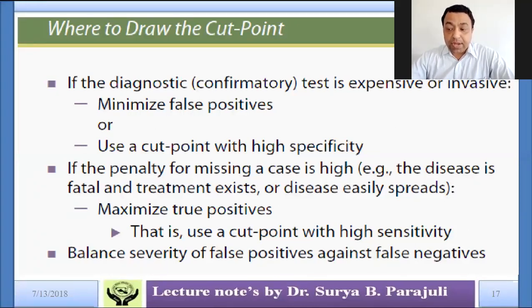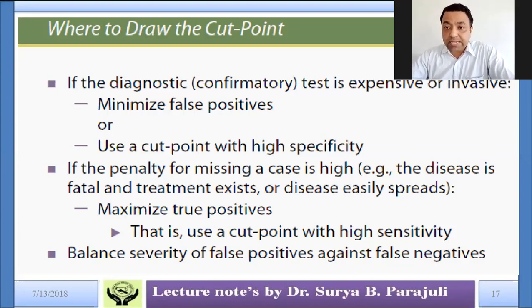At least try to reflect on one point from this class. If you have any disease with high fatality or high chance of communicability or spread and having proven treatment, or having some penalty for missing a case, ethical issues or legal issues, as a doctor or program in-charge, you need to be very careful that your strategy must be identification or inclusion of true positives as much as possible.